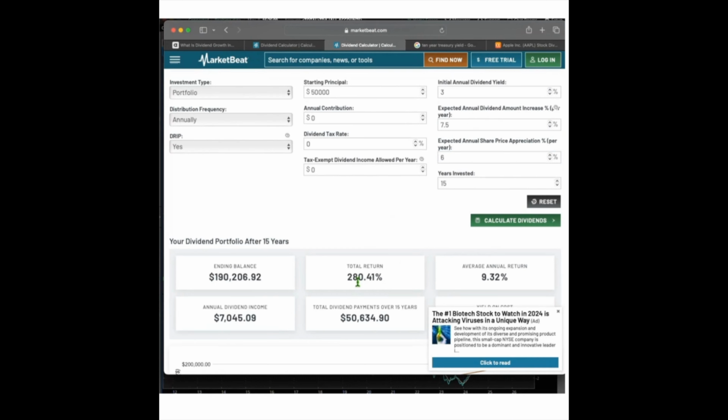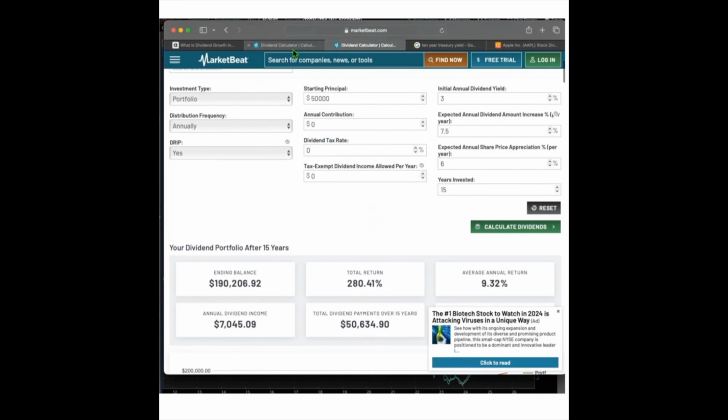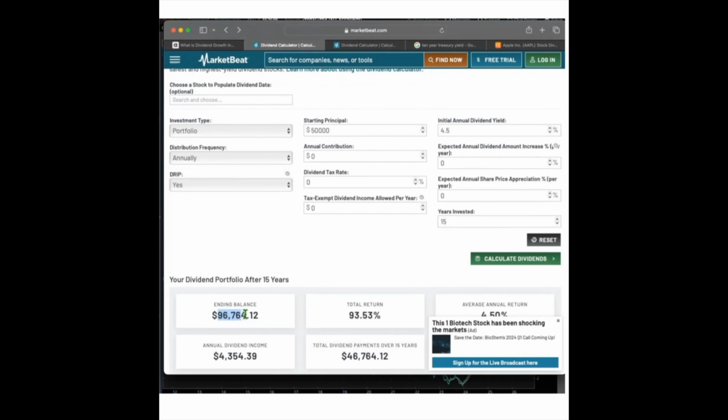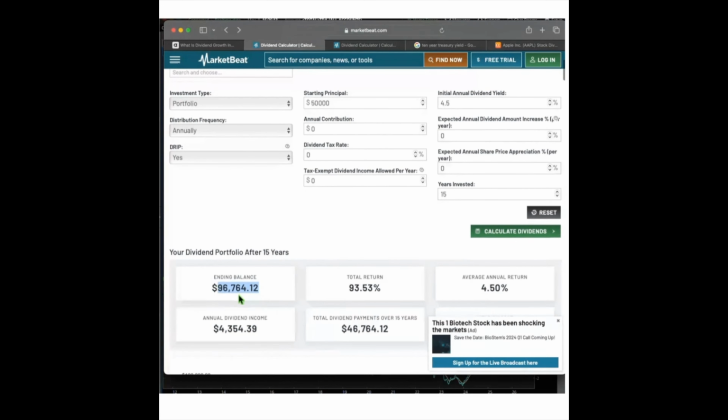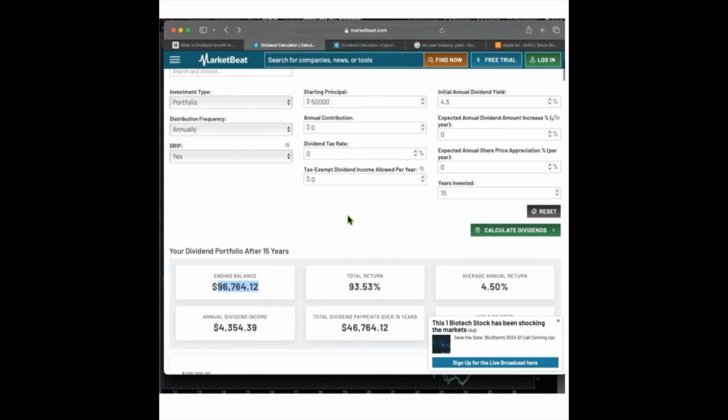Okay, guys, so as you can see, the T-bill example ended with an ending balance of not even $100,000, $96,764, producing an annual dividend income stream of $4,354, guys.